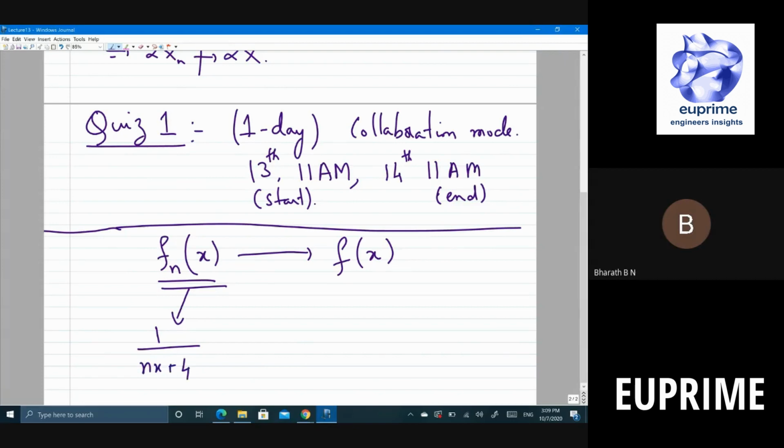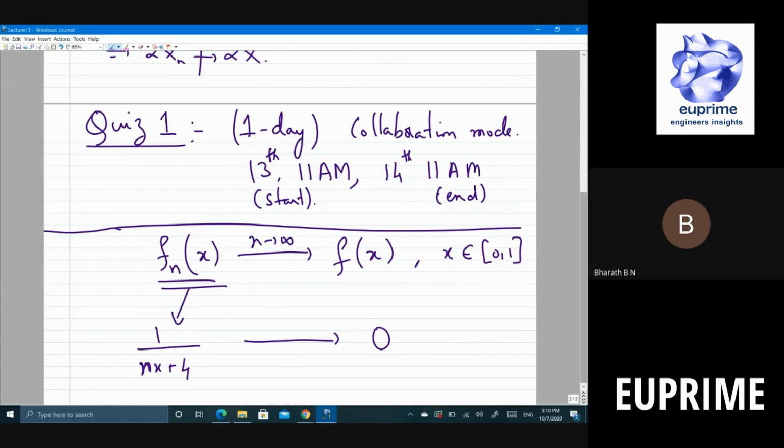Let's assume that x is between 0 and 1, for the sake of simplicity. Now, this starts at 1 by 4 and it goes all the way to 0, right? So it goes to 0 as n goes to infinity.